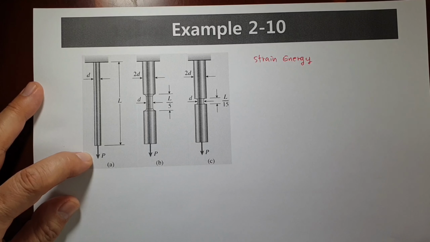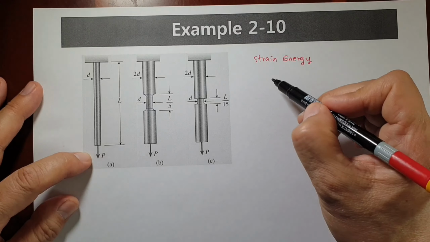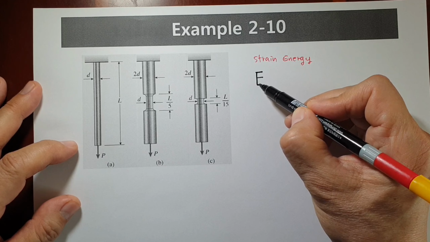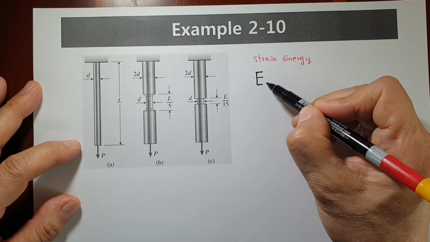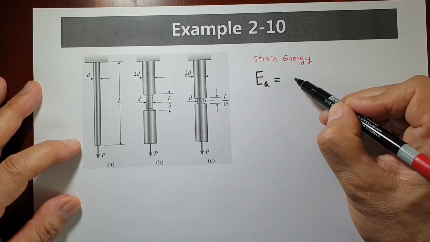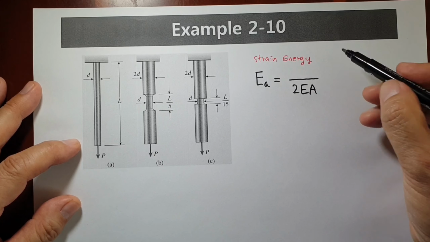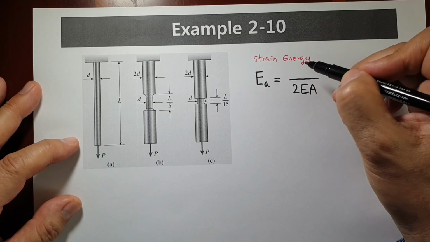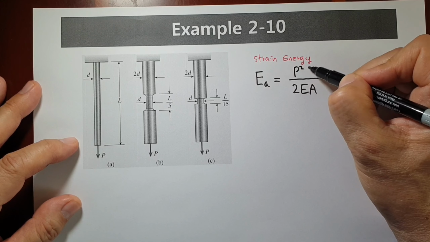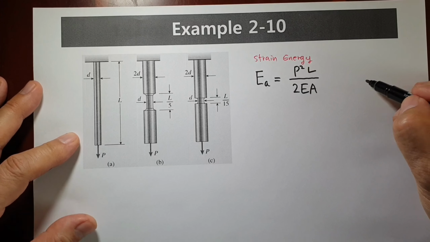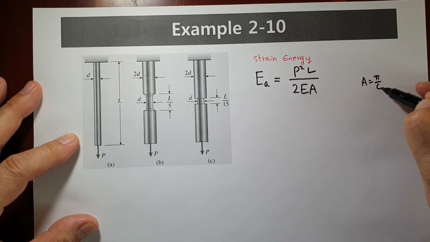In the left case, case A, the strain energy is P squared L over 2EA. Here A is 5/4 pi D squared. That's the strain energy in the first case.